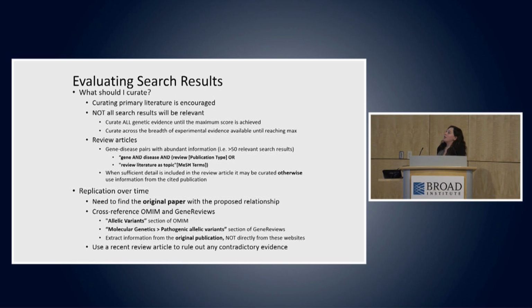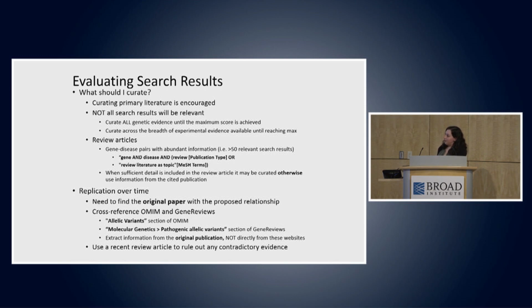You should also curate across the breadth of experimental evidence available until at least getting to the highest you can, so potentially definitive. Review articles are very good for definitive gene-disease associations, so gene-disease pairs with abundant information. You might want to search specifically for gene and disease and review.